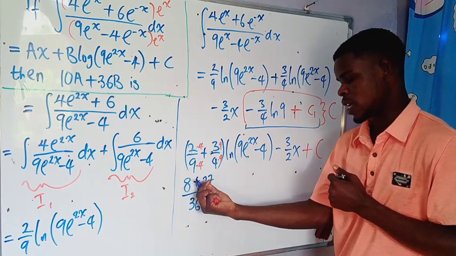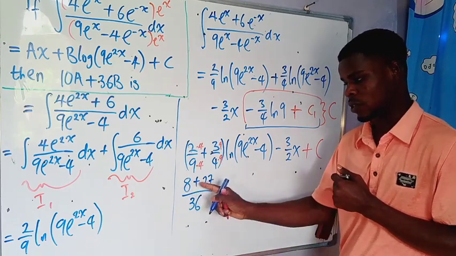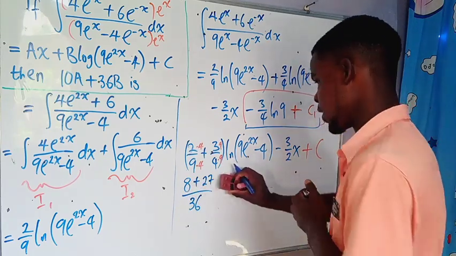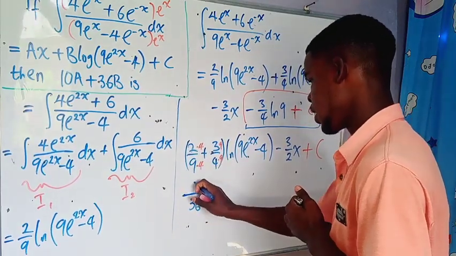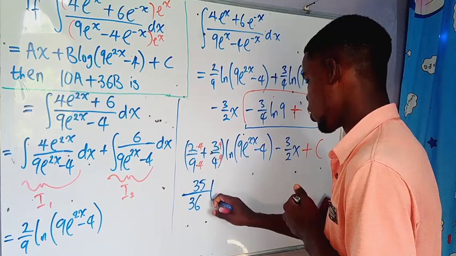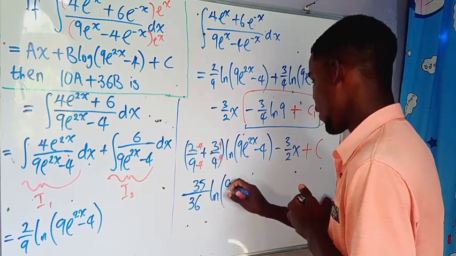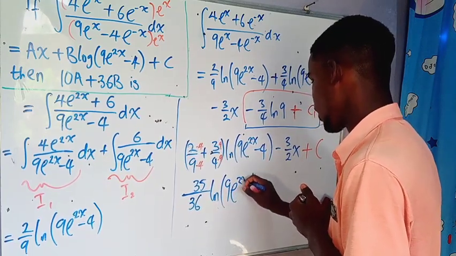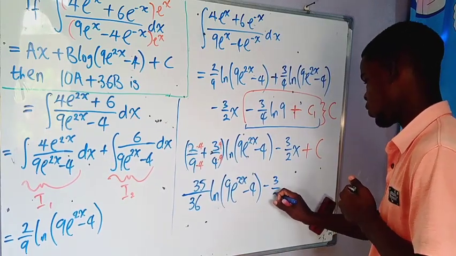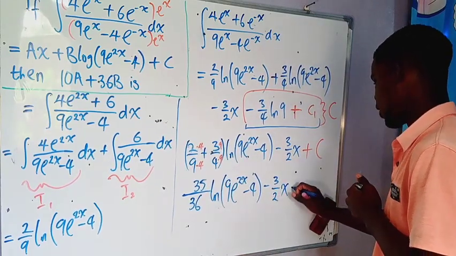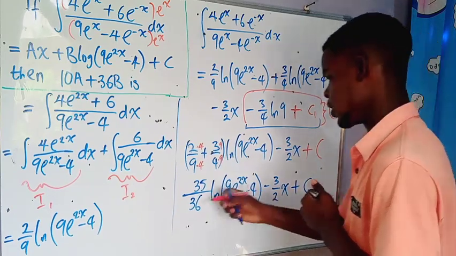And you notice this top here is in fact 8 plus 27, which is in fact 35. So let me just rewrite the numerator as 35, right? We have 35. Then the natural logarithm of, we have e to the power 2x minus 4. And then we have minus 3 over 2x, and then plus the arbitrary constant C.